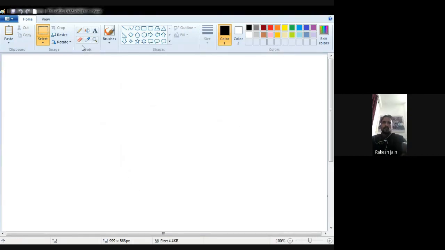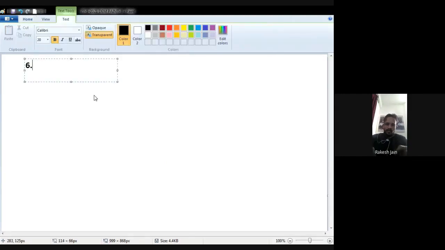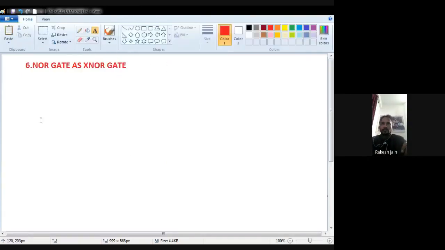Next one is NOR gate as XNOR gate. Now how to convert this NOR gate into a XNOR gate?